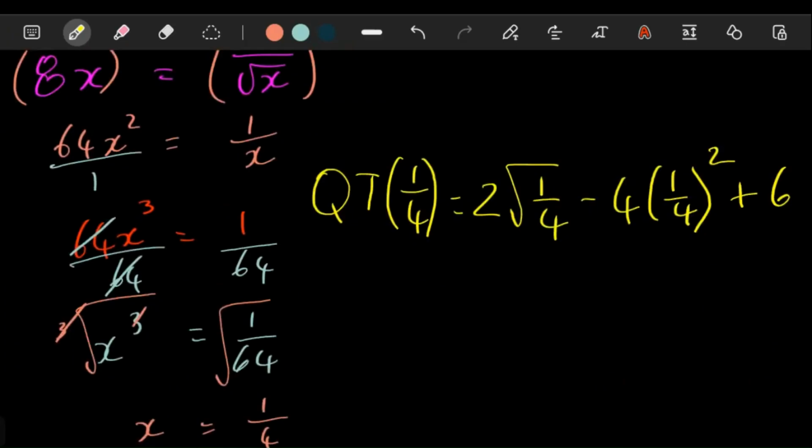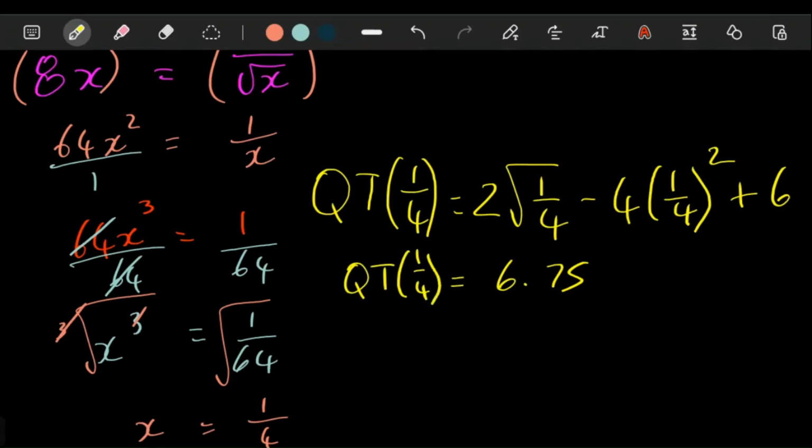Just put it all in the calculator the way that it is now. You save yourself time and you save yourself unnecessary mistakes. So this in the calculator will come out as 6.75. There you go. That is good enough.